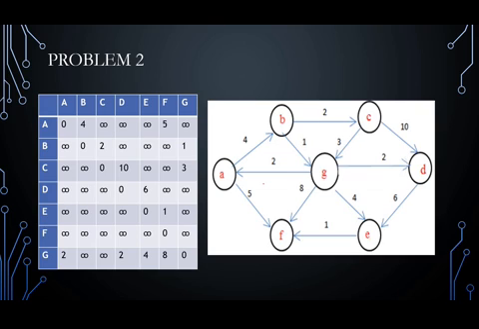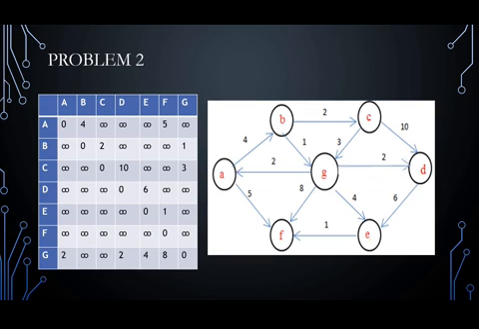Whenever you have a directed graph, you are supposed to pick the source node. Which has to be picked as the source node? A specific node which has only outgoing edges and no incoming edges. That node is called source. In this problem, you don't have any such node, right?